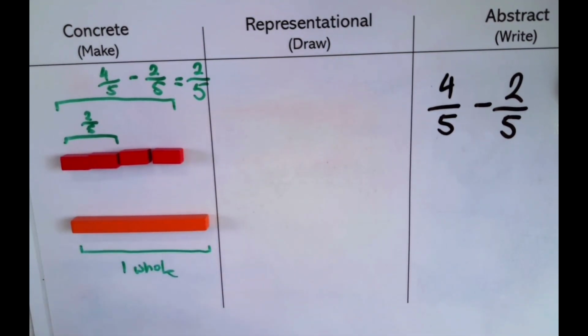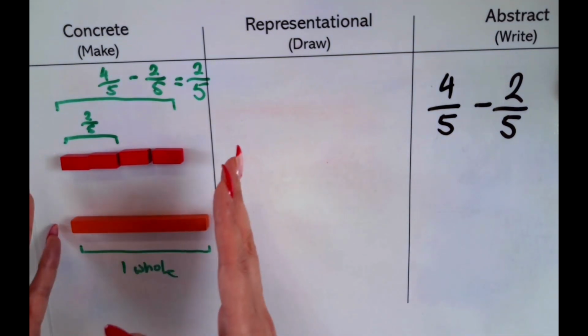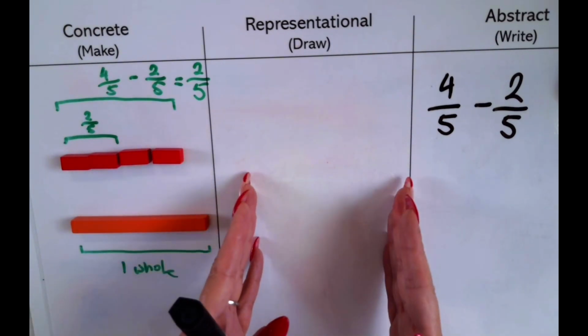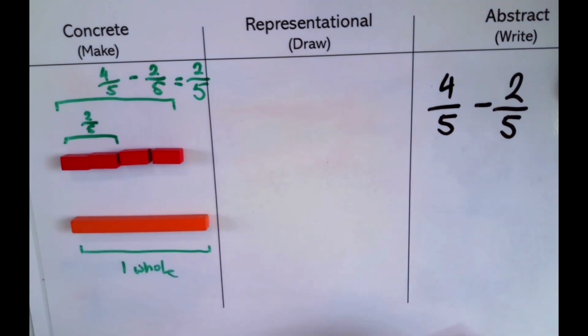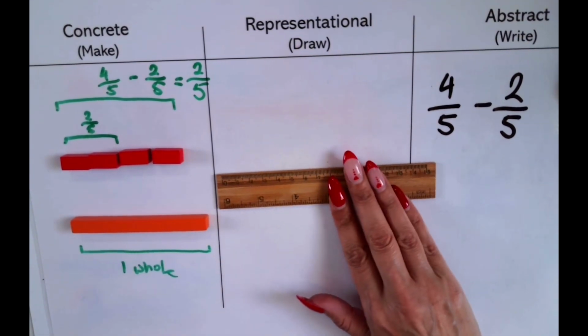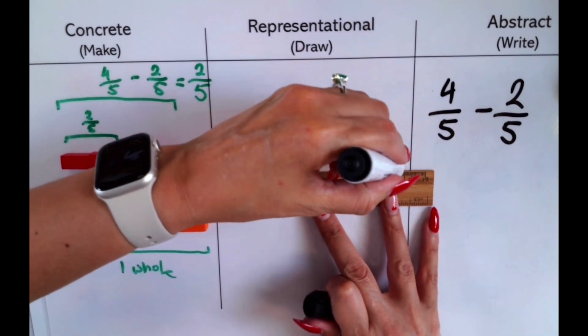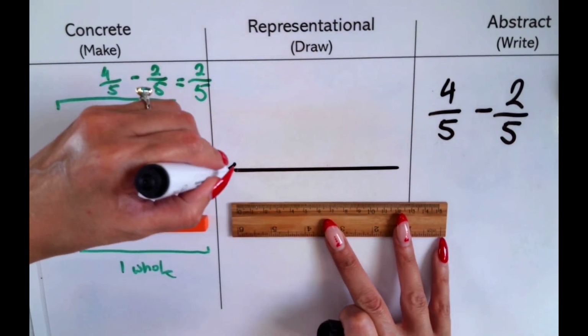The idea behind it is because I want to expose them to as many different models or methods as possible. Because as we know, fractions can be area, but they can also be length, and they're a magnitude that fits along a number line. So I would get them to draw a number line.